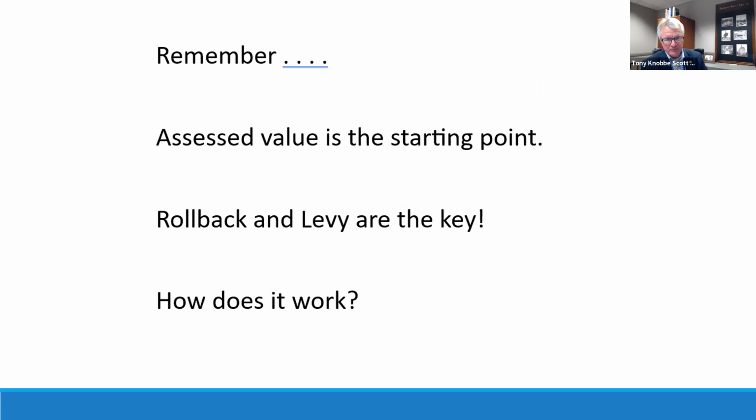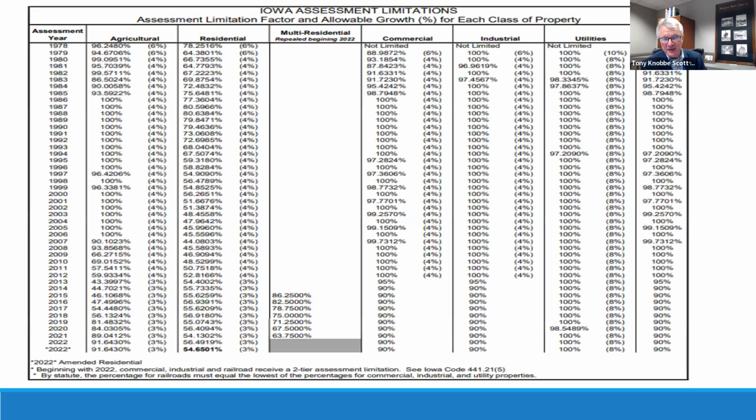So if rollback and levy are the key, then how does that work? Well, let's start with looking at the state of Iowa rollback history. This is in one of the links that's in the chat that you can go to on your own. I always forget the name of this site. And so I searched for Iowa rollback history, and this page will come up.